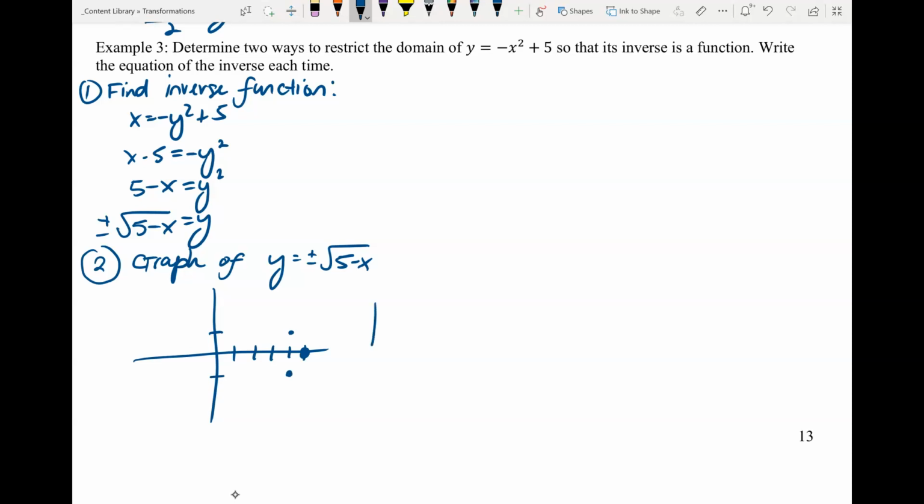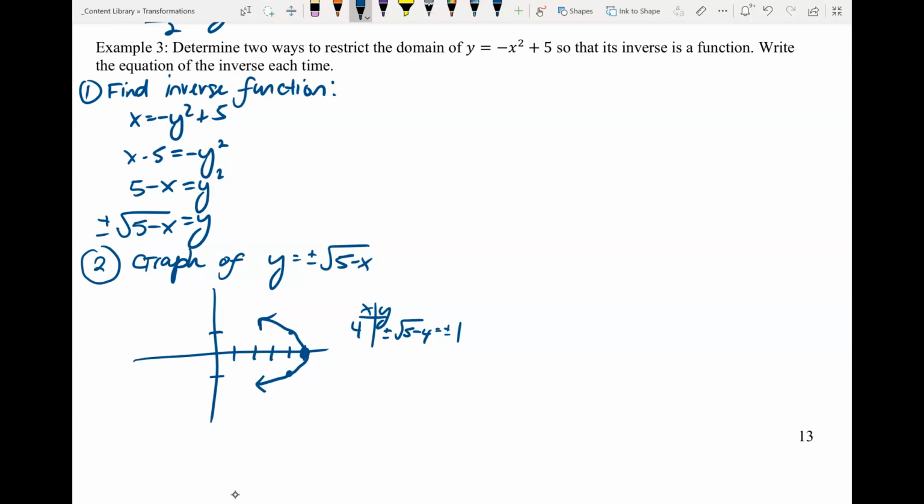Because if I plugged a 4 in here, you're going to get plus or minus the root of 5 minus 4, which is just going to be plus or minus 1. You can do it for another point if you want as well, but really we just need an idea of what this looks like. So it looks like this right now. And we can tell this is not a function because it doesn't pass the vertical line test.